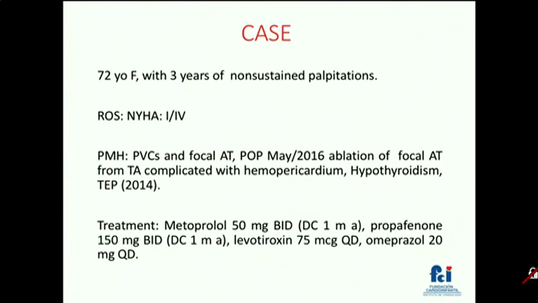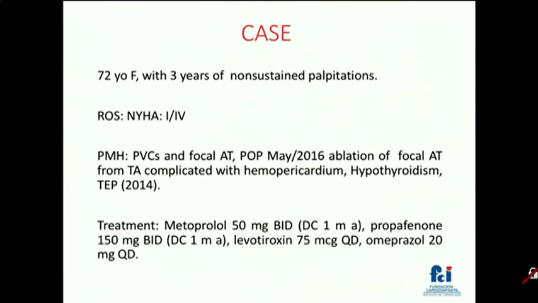Good afternoon. I present the case. This is a 72-year-old female patient who comes with a clinical picture of 3 years of duration with non-sustained palpitations with good functional class. She had been worked up previously in this institution, and the diagnosis was focal atrial tachycardia and frequent ventricular extrasystoles.